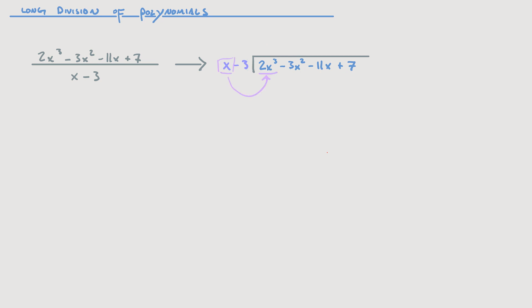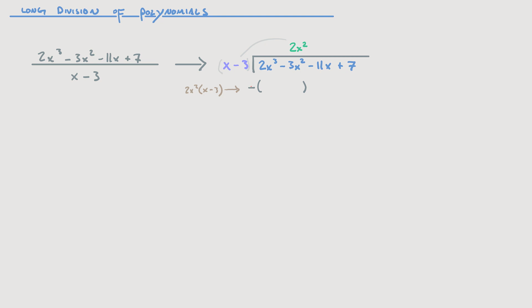So you'll notice, if I go back to here, I'm not asking myself how do I make x minus 3 look like 2x cubed? I'm just asking myself how do I make x, the leading term of my divisor, look like 2x cubed, the leading term of the dividend? But when I do the multiplication part to subtract something away, now I have to multiply 2x squared by that entire divisor.